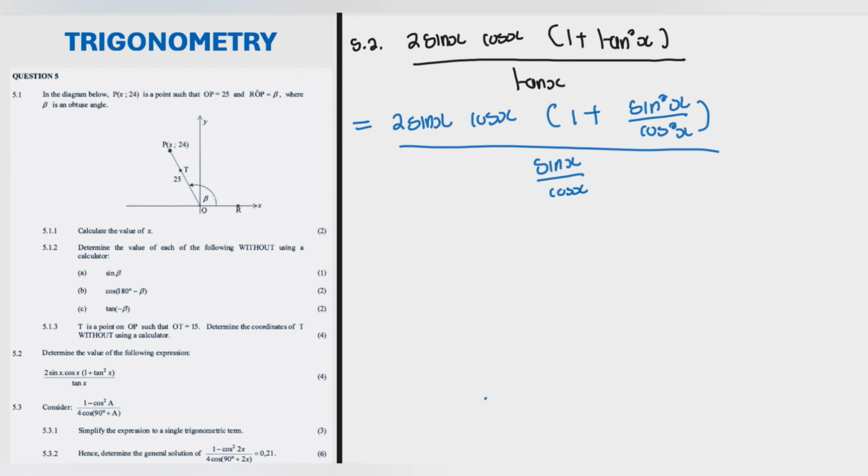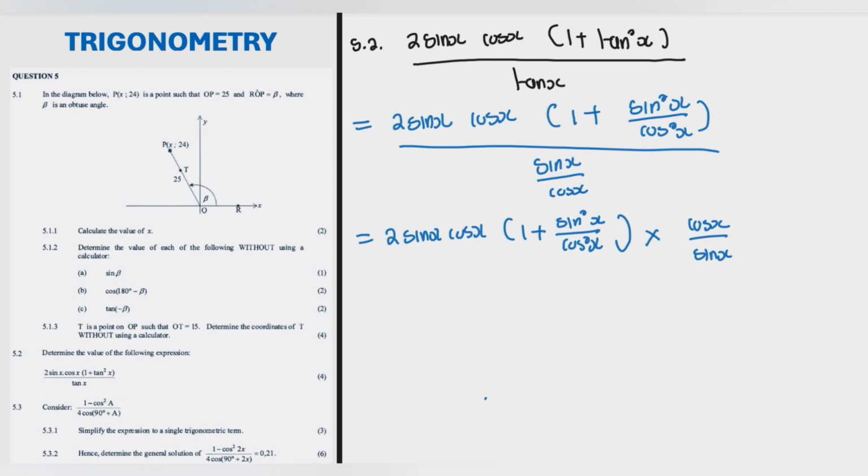This is what we have so far. So how do we go about it? Let's remove whatever we have there in our denominator. Remember, we're dividing everything by sine x over cos x, so we can simplify that. That means we're going to have 1 plus sine square x over cos square x times, when you multiply, you switch your denominator and numerator, so it's going to be cos of x divided by sine of x.